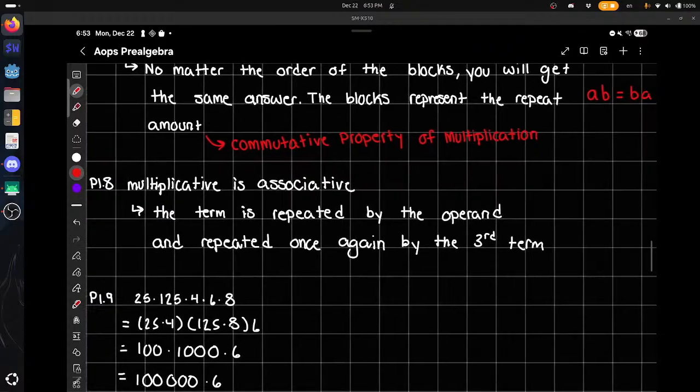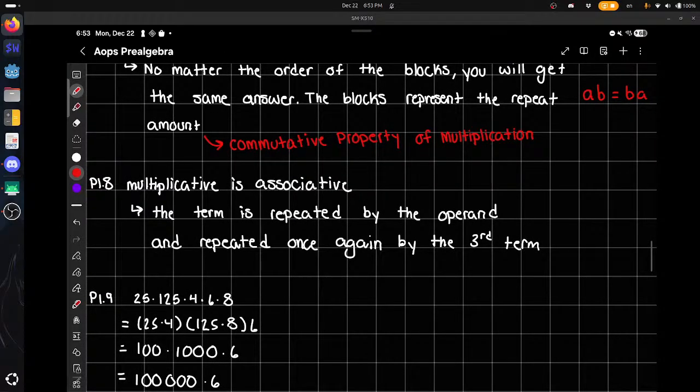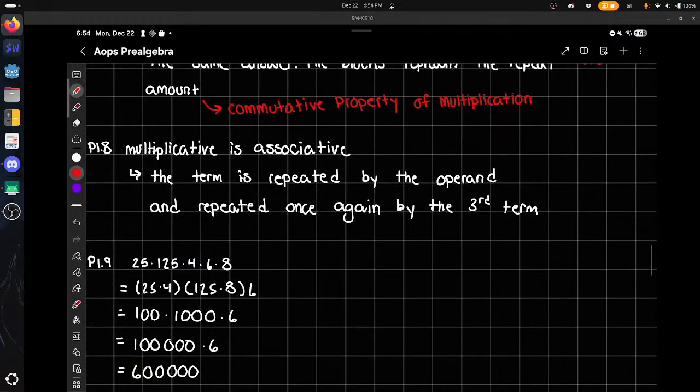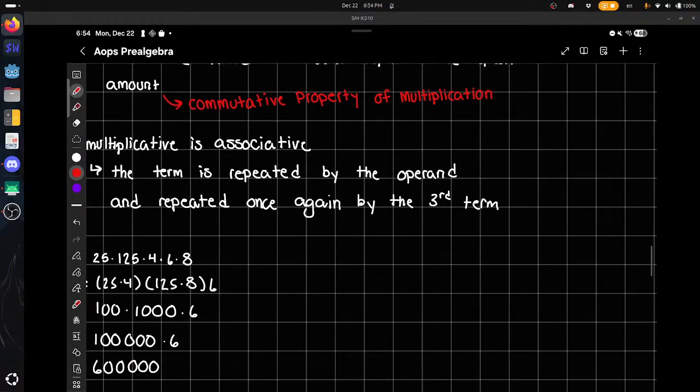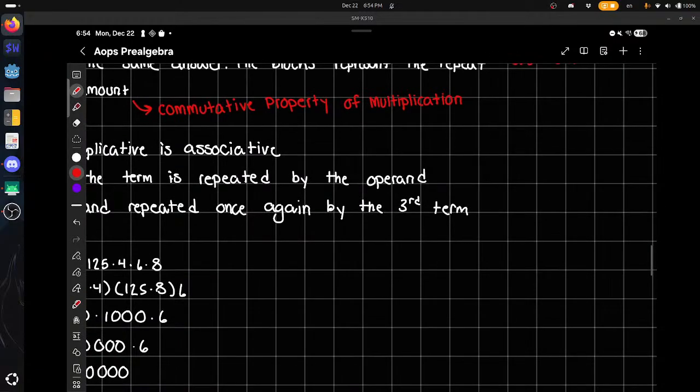Okay, problem 8. So yeah, associative property, that's the answer they gave, and this is called associative property of multiplication.